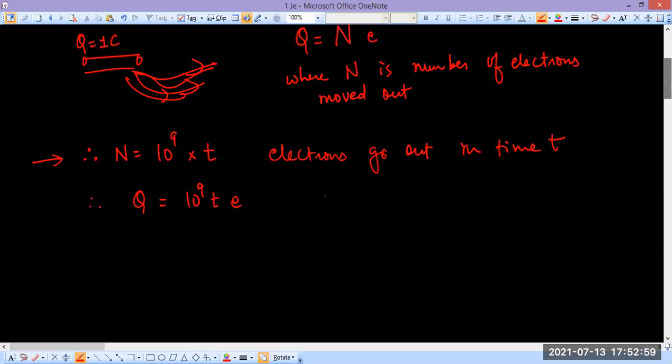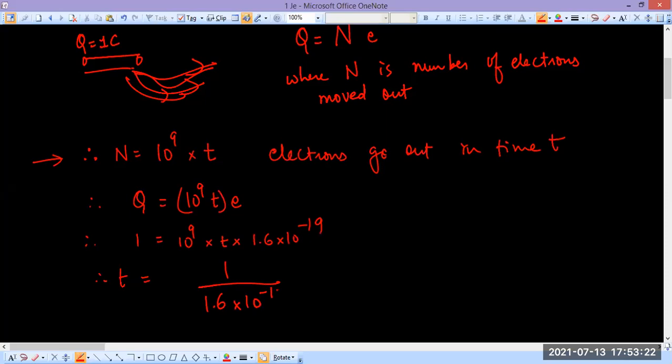I hope that part is clear. So this is n's value. Now 1 coulomb, SI unit is coulomb, 10 raised to 9. Time we have to find. Charge of electron 1.6 into 10 raised to minus 19 in value. So ultimately t is equal to 1 upon 1.6 into 10 raised to minus 10.